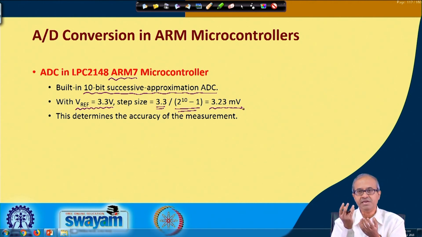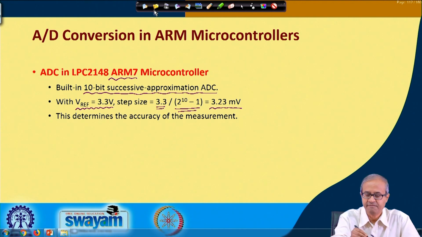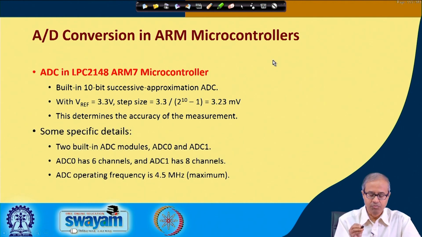This resolution is a measure of accuracy. With an accuracy of 3.23 millivolt, I can make the measurement when I am reading some analog input and doing some processing. Okay? Fine. Now, inside this processor, a specific detail is that there are two such ADC modules. They are called ADC 0 and ADC 1.